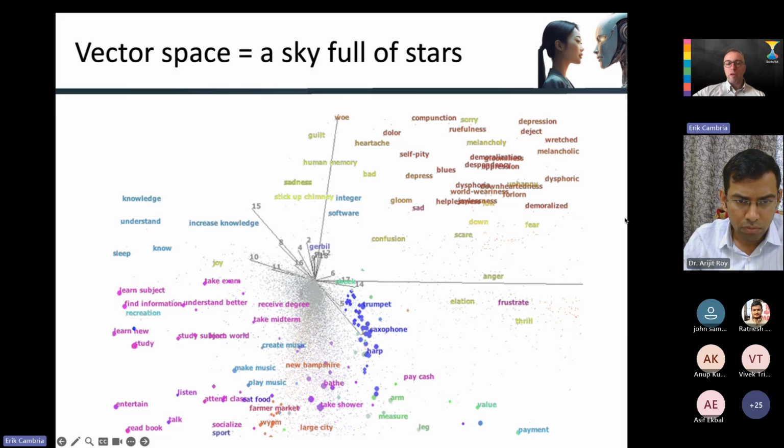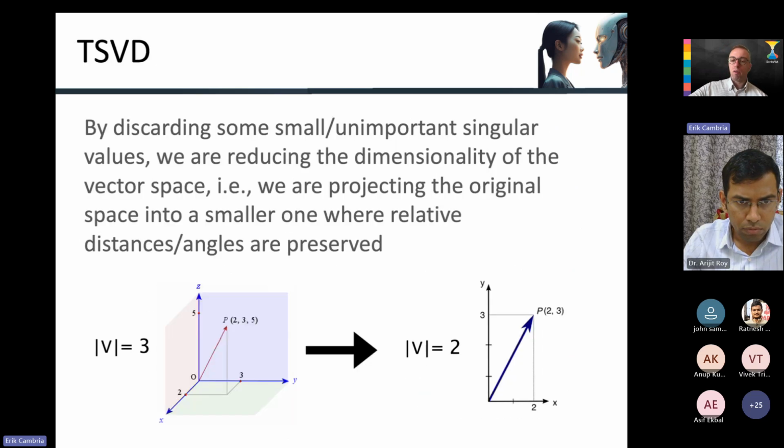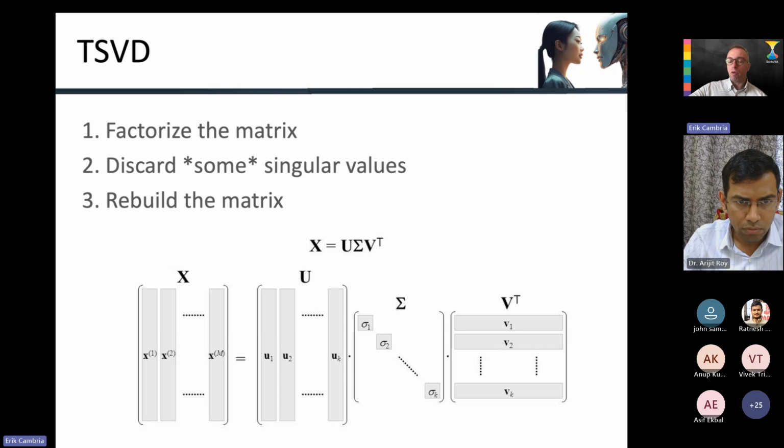But these points in the space, depending on how you build the space, can be anything from documents to queries to images to videos. And this is a very generic way of reducing the dimensionality of the vector space, a mathematical property of matrices. It doesn't take into account any domain-specific information, so this is applicable to any kind of data.